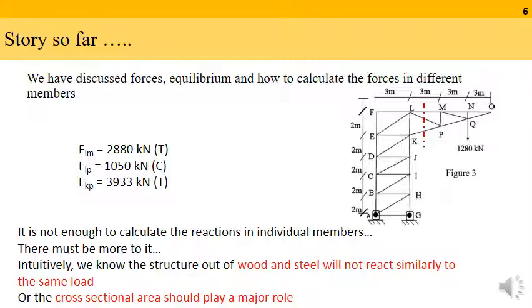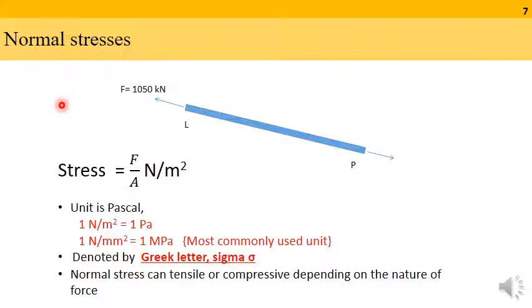Also, another important point is that when you solve problems of truss like this, it was mostly two-dimensional. So, does not the thickness through the screen matter? Of course, it does. So, these are some of the questions that we will try to answer. So, let us start.